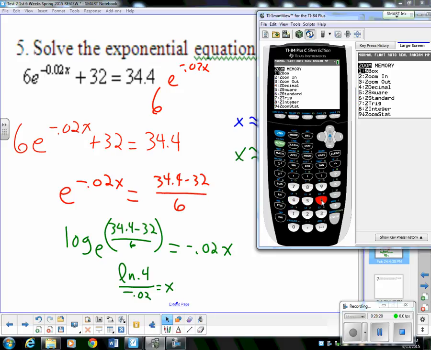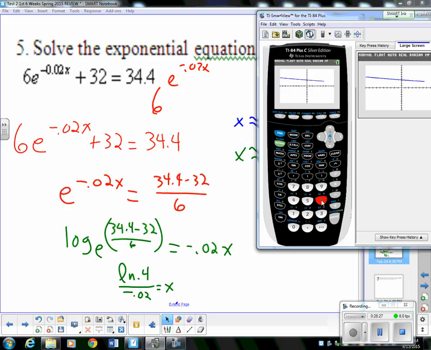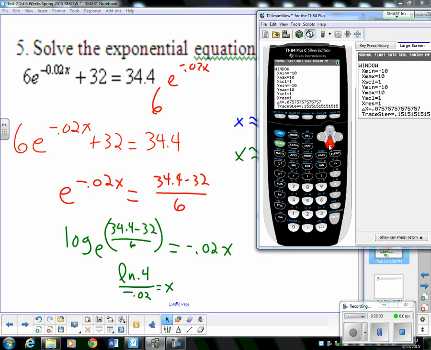And I'm going to zoom in just for a second. We already know that we need to go out to 45. So what I'm going to do is I could zoom out, but I like my window change instead. I'm going to change my X max to 60, and I'm going to change my scale to simply 5.